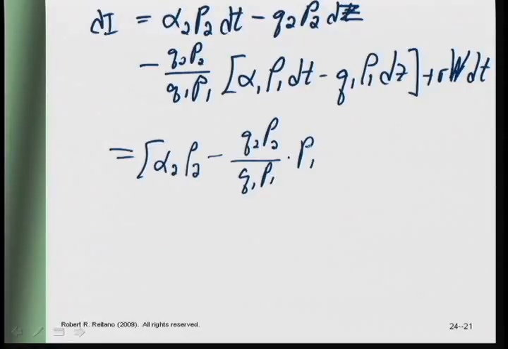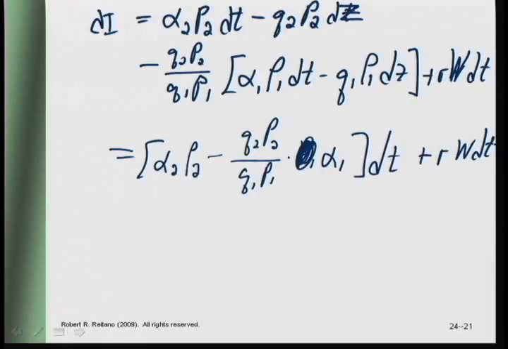No, this term here would be Q2 P2, this would be an alpha 1 dt, plus RW dt. Let me just check and make sure that's correct. The P1s canceled. I had a P1 there at the start, and it canceled, and I just ended up with the alpha. So I think this is now correct.